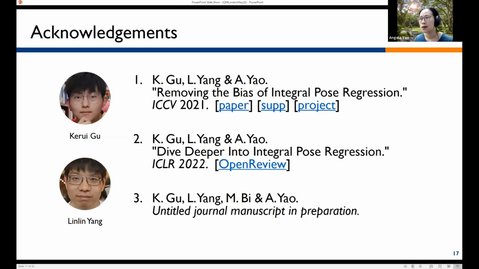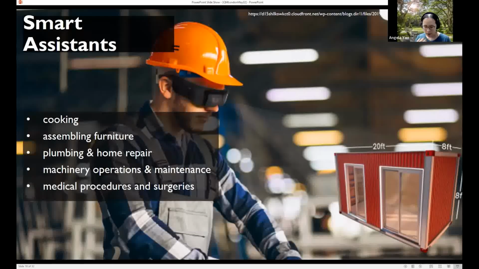For the last bit of the talk, I just want to show some other settings, some other problems that we're working on in my group. One of these cases is because we do work quite a bit on activity recognition, we're focused on developing applications for smart assistants.